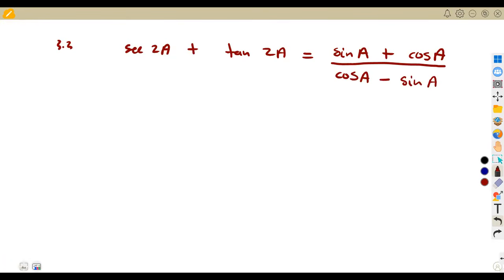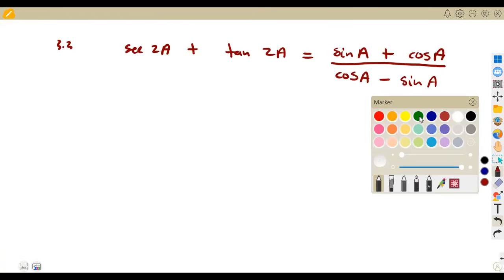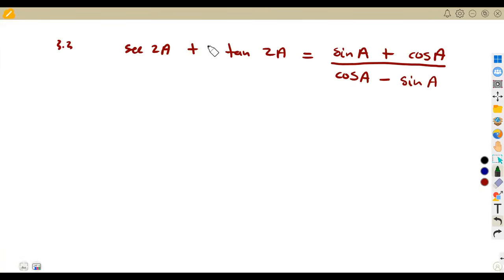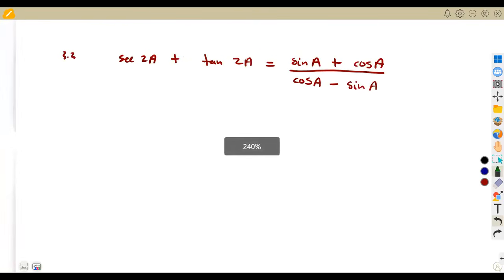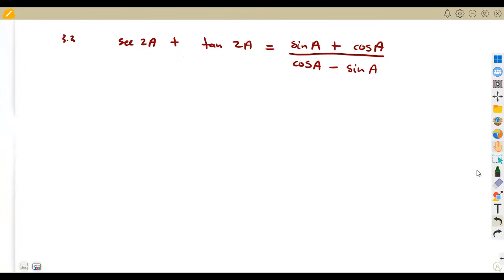I still remember talking about it. Like I said, it is easier if we work with the complicated side, simplifying it to see if we can get the left-hand side. As for me, it was best to work with the right-hand side. So let's work from our right-hand side.